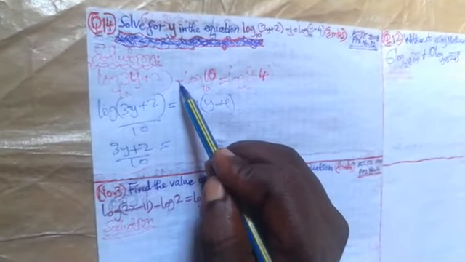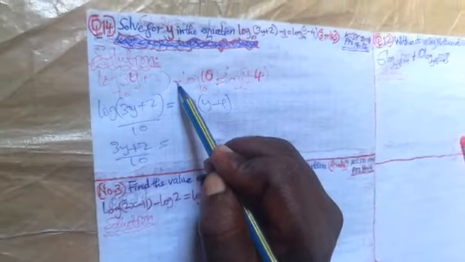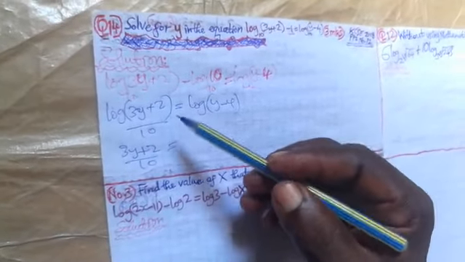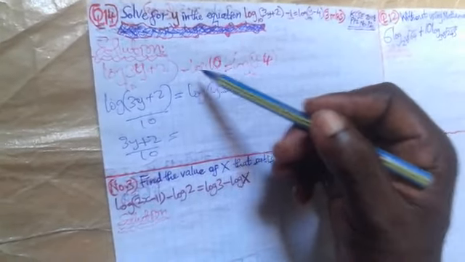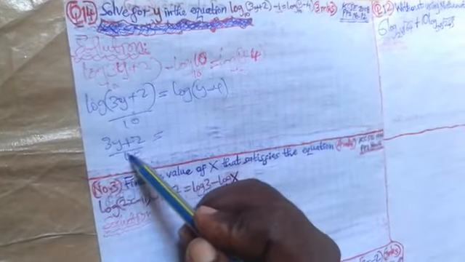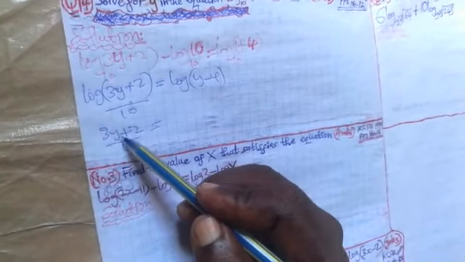And you see there is minus here. Addition goes with multiplication, but division goes with subtraction. That's why we have divided 3y plus 2.